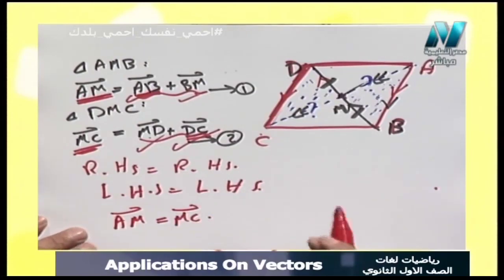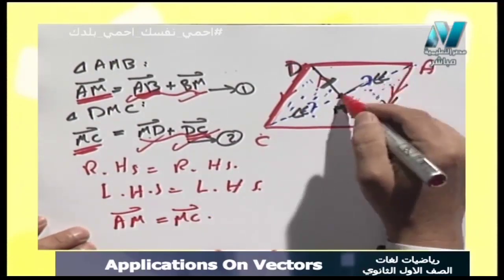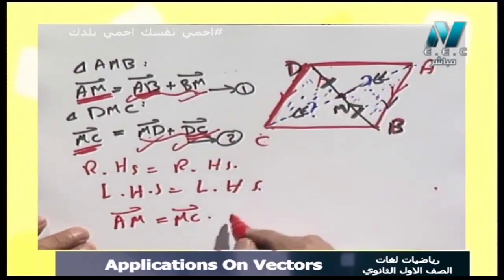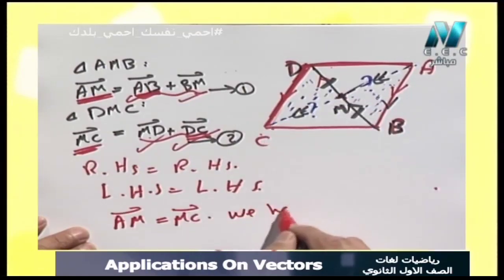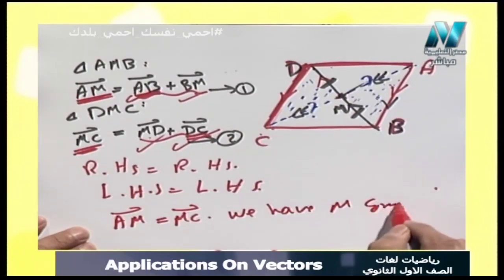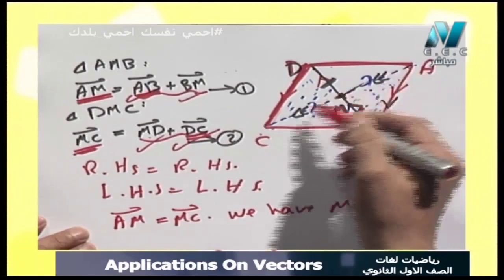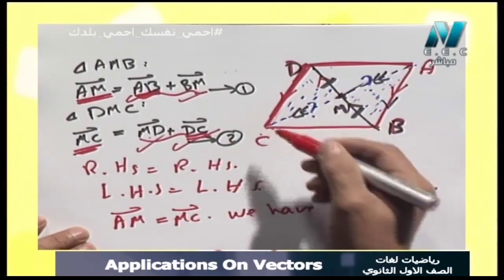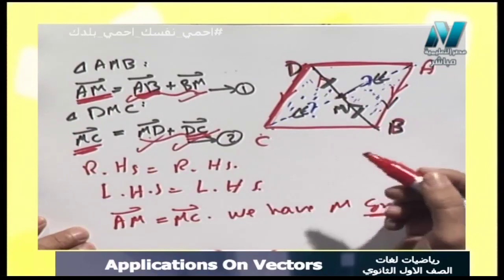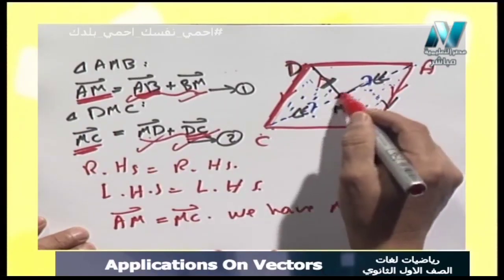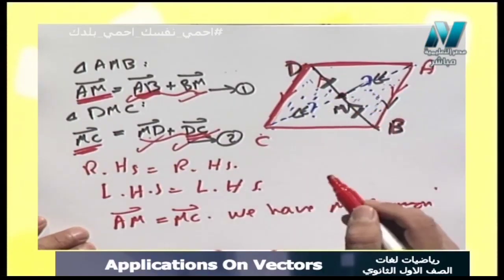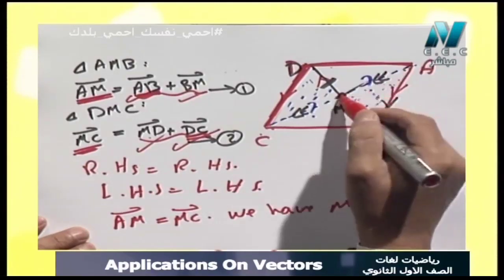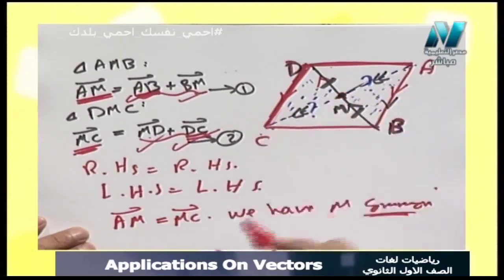Now we have deduced that AM equals the vector MC, and we have M as a common point. Okay, when a vector equals another vector, then we consider them parallel, but when we have a common point, then they will be on the same straight line.